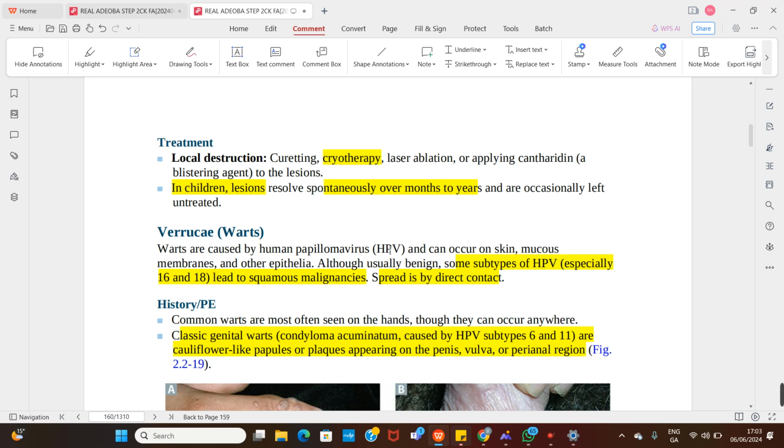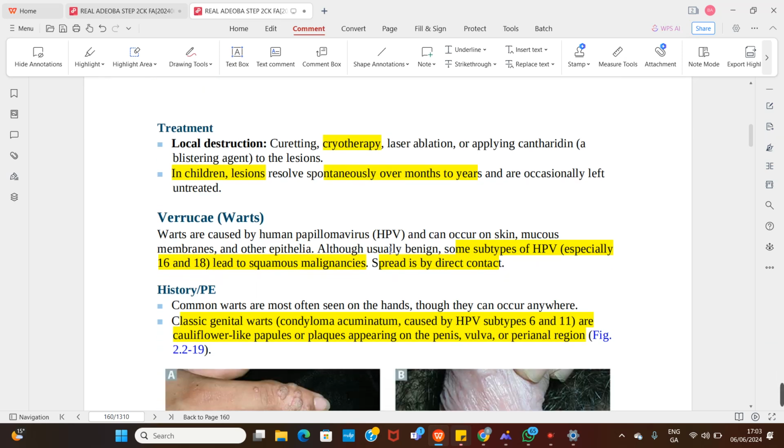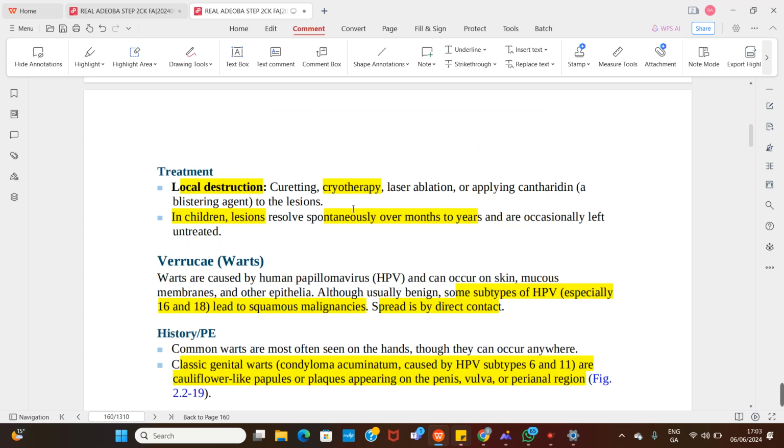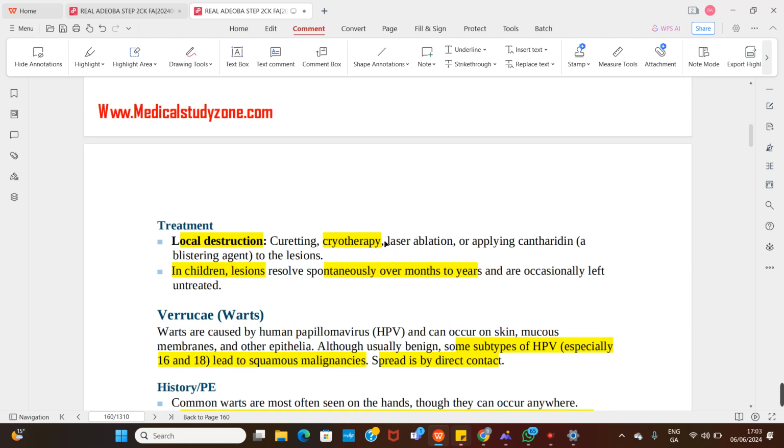Most of the time you just let it resolve on its own in children, but for adults you can do local disruption. The first line is cryotherapy, applying liquid nitrogen. You can do laser ablation. You can do curettage, just scrape it off.